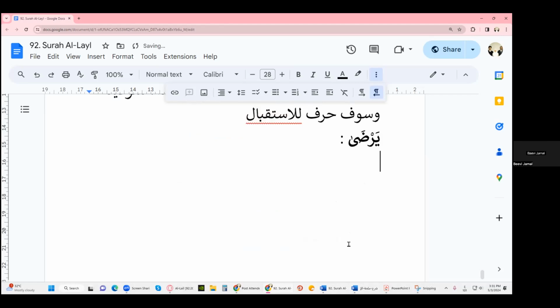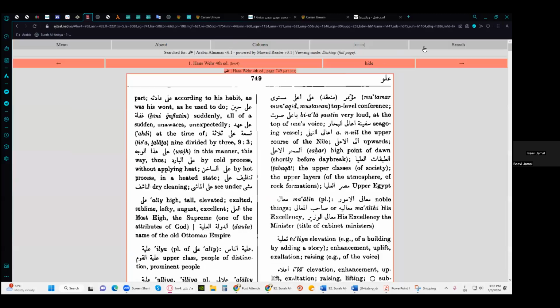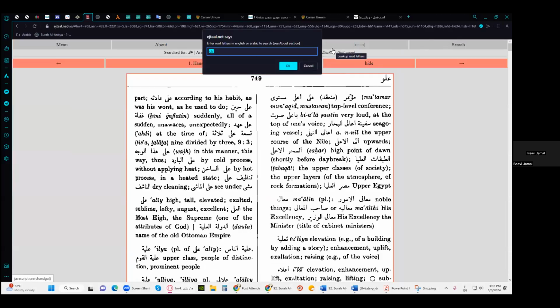It's ra-dad-waw. Okay, what do you think? Could be, I didn't check. Or is it both? Let's have a look. Is it one of those where it comes with both? I'm not sure. Surah 20, Ayah 21.